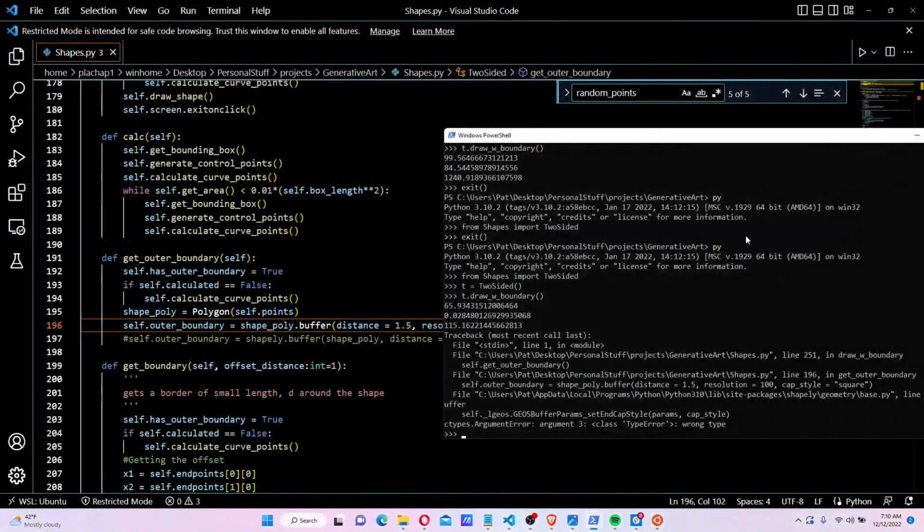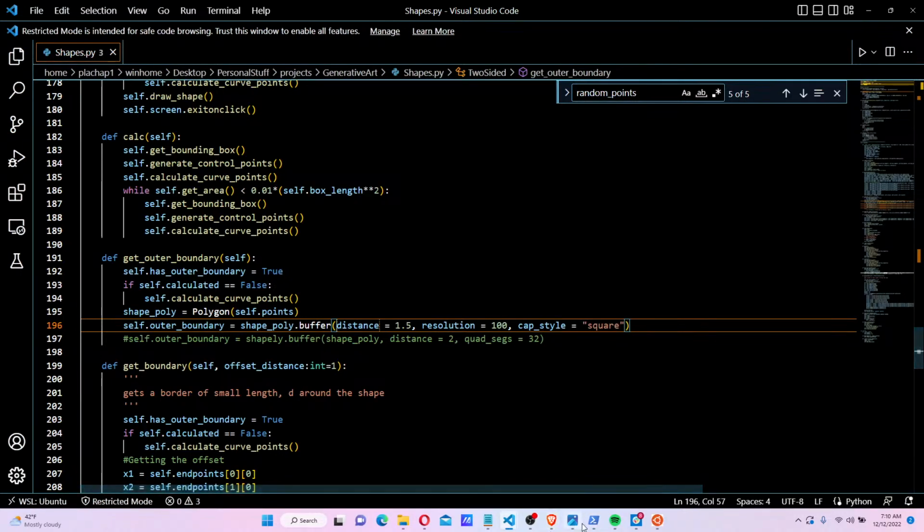Okay. Line buffer. Type error, wrong type. Cap style.